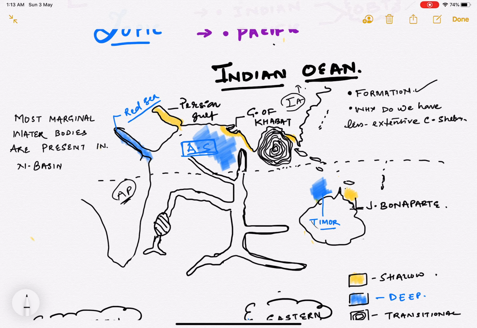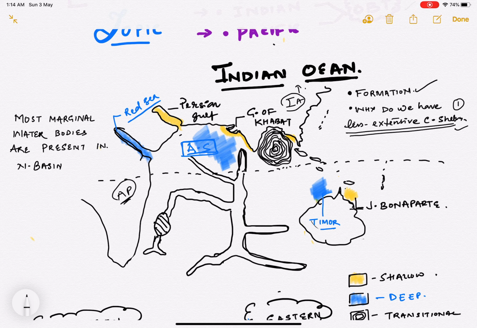Now, within this Indian Ocean, we find that the continental shelves are less extensive. Within the ocean bottom topography, first we'll talk about the continental shelves, and these yellow zones are nothing but your continental shelves. These are very less extensive. Why? Remember that the entire Atlantic Ocean coastlines were passive in nature, meaning they lacked tectonic activity.